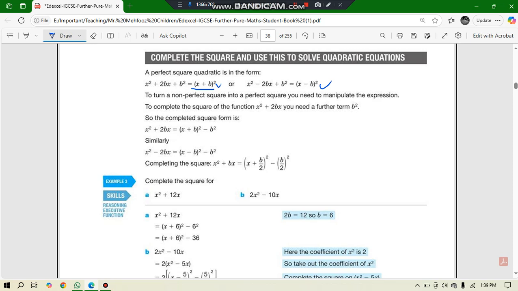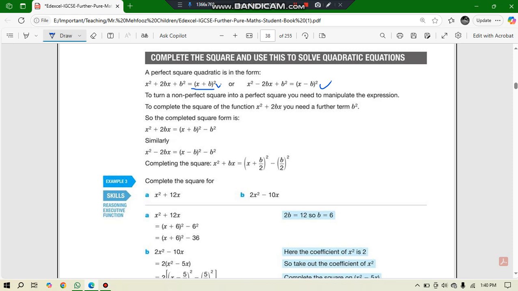These are the definitions of the two perfect square quadratics. So a perfect square quadratic should be in the form (x plus b) squared or (x minus b) squared, where x is the variable and b is any constant.